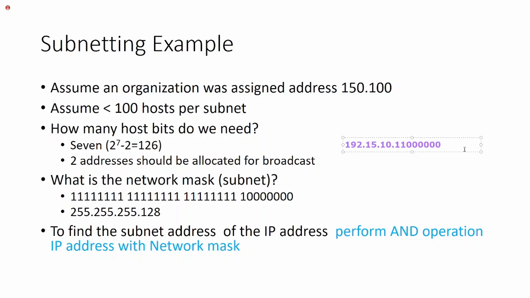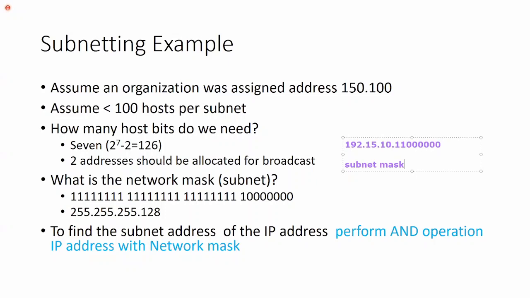So for this network, there is something called subnet mask. Subnet mask is used for the computer to identify which network you are coming to, right? From network, which network you are coming to.